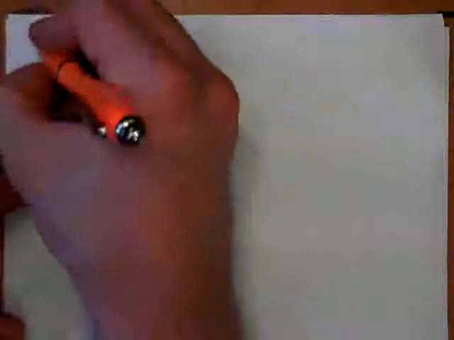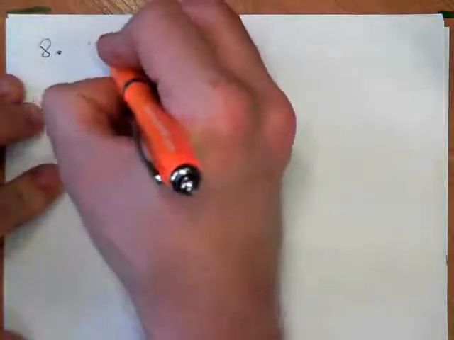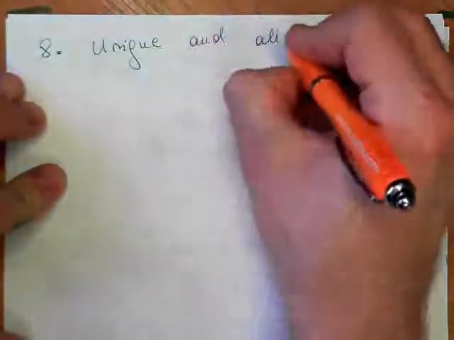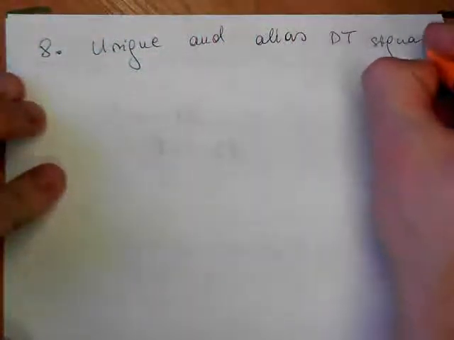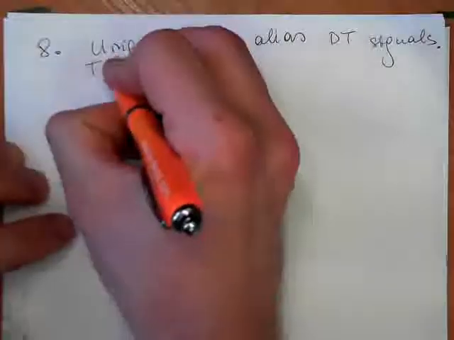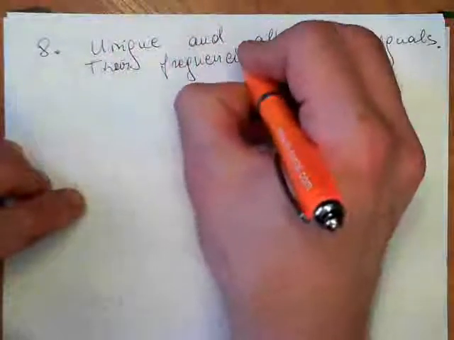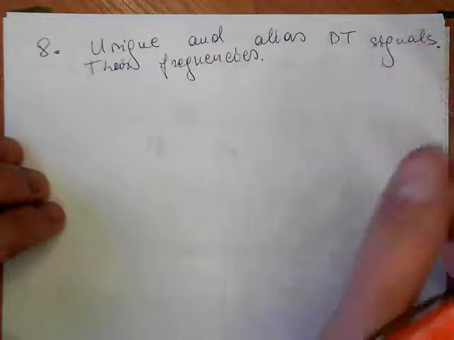Question number 8: unique and aliased discrete time signals, their frequencies.